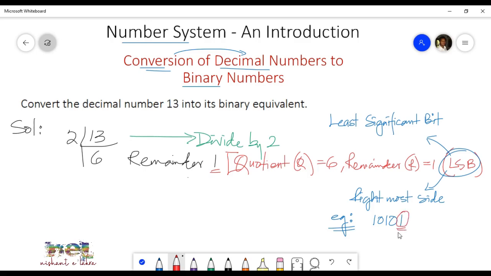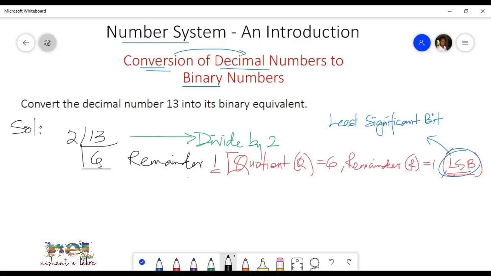That one, right, which you see on your screen. And that one on the rightmost side is termed as LSB, least significant bit. So the first remainder, either it is 1 or a complete division, which will be 0, the first digit that we'll be getting when we are solving it will be the LSB, the least significant bit, which will be placed on the rightmost side.